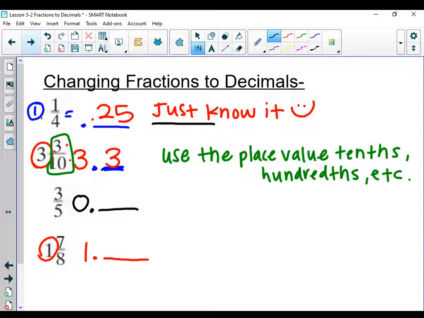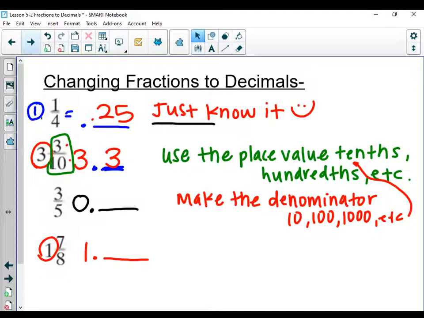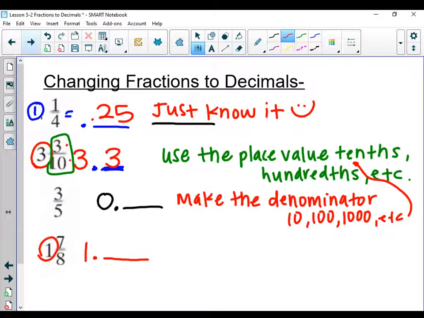Good news though, some of you are thinking this already, I can tell. There is no fifths place value, but we could turn 5 into 10 or 100 or 1,000. So then I can go up here and use the tenths place.